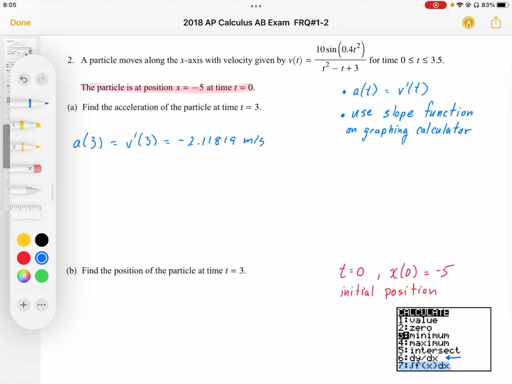The alternative would be to use the quotient rule. Now, we probably don't want to use the quotient rule, but we could.